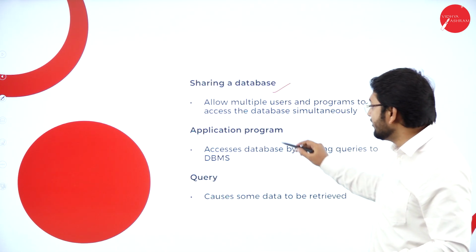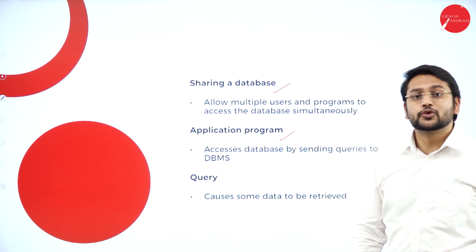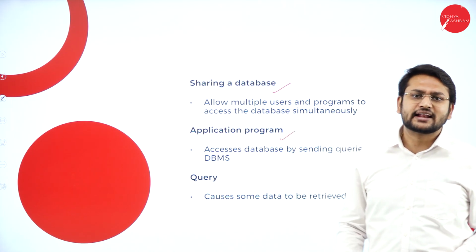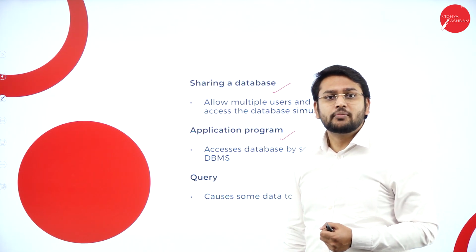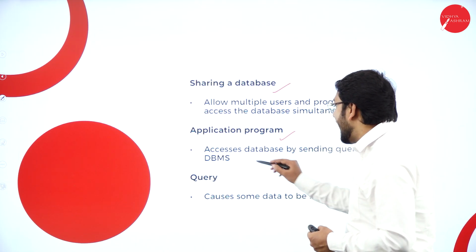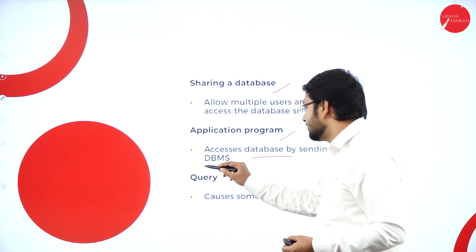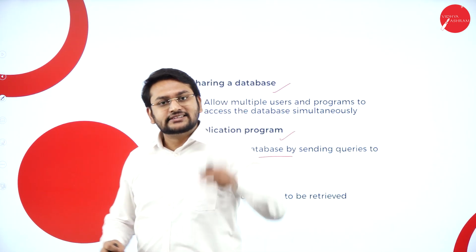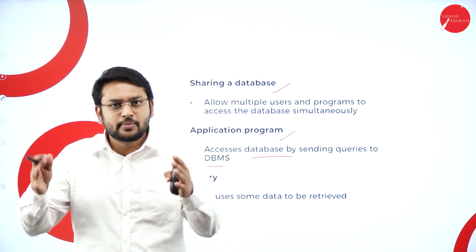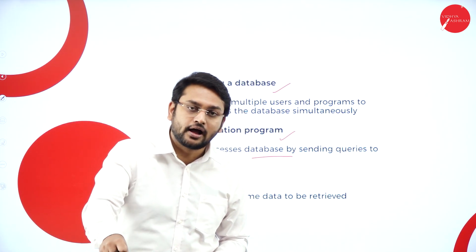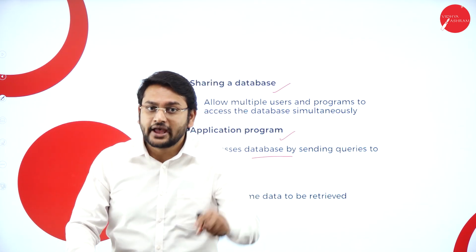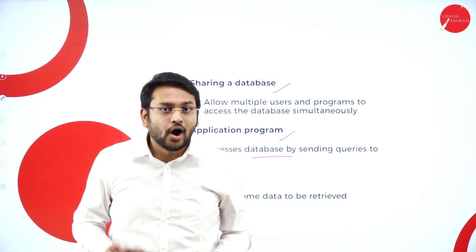And now I have the next one, that is the application program. What exactly is an application program all about? So listen to me carefully. It accesses the database by sending queries to the DBMS. If I want to access anything from the database, which is a place where we store the data, I need to tell what I want. How do I tell?